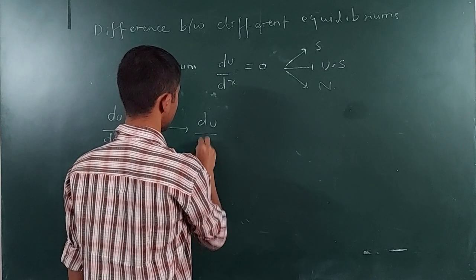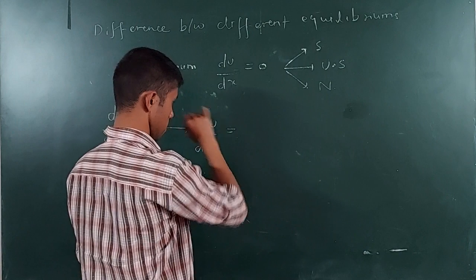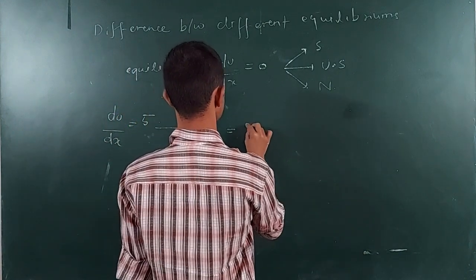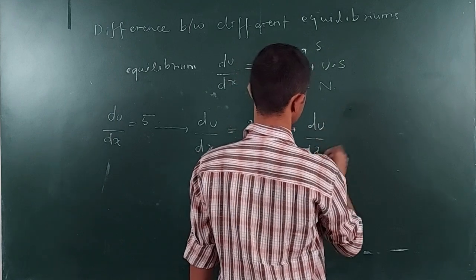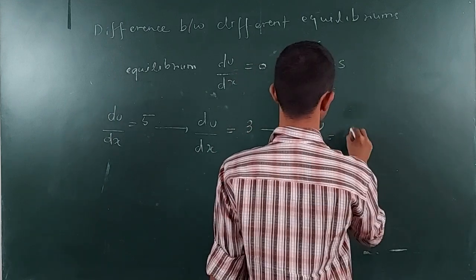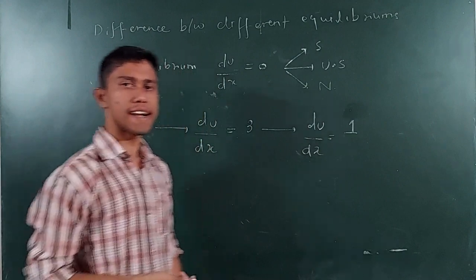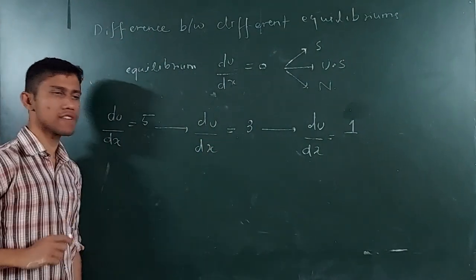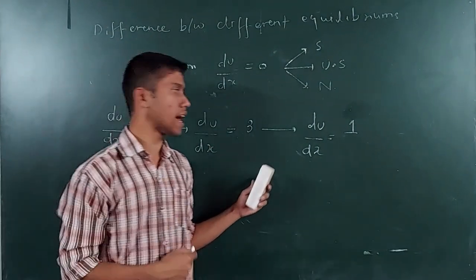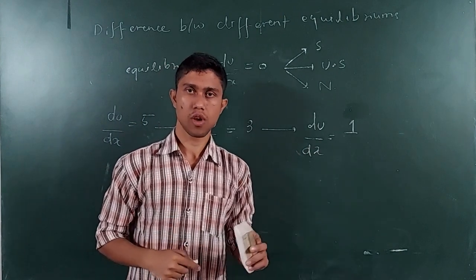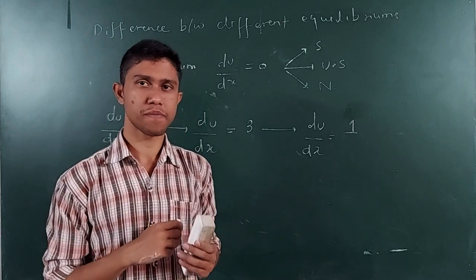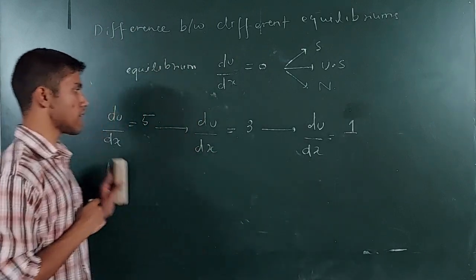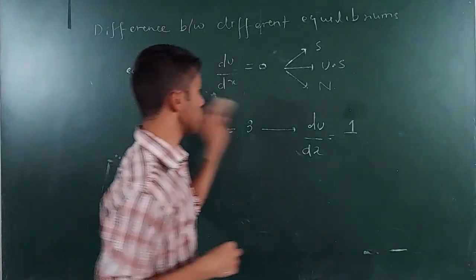Okay, then it changed to du by dx equals 3, and later du by dx changed to 1. So now you can tell du by dx initially was 5, after that it became 3, and after that it became 1. Okay, now I want to find how du by dx is changing. Okay, so I write a more elaborate example.